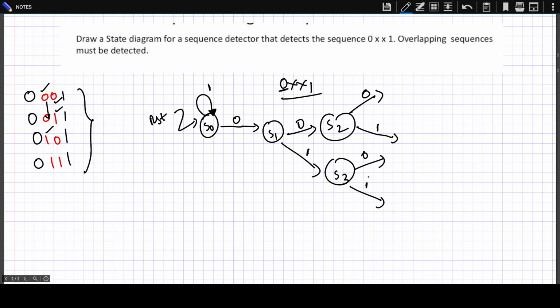State S2 represents that we have matched 0 0, two zeros, and state S3 represents that we have matched 0 1. Now we would assign separate states for all of these, and name them state S4, S5, S6 and S7.